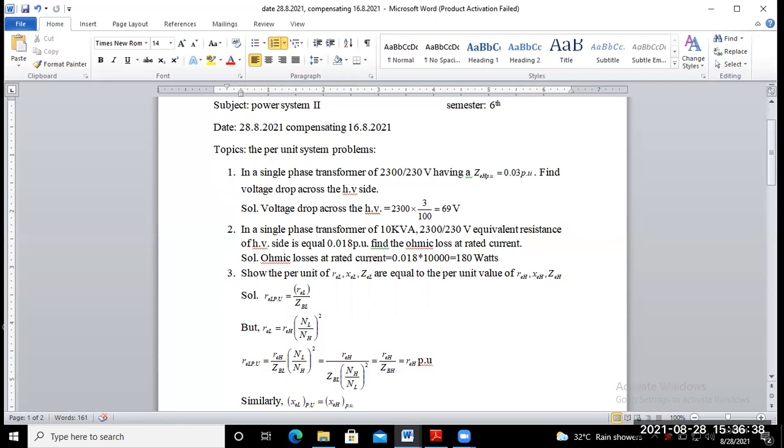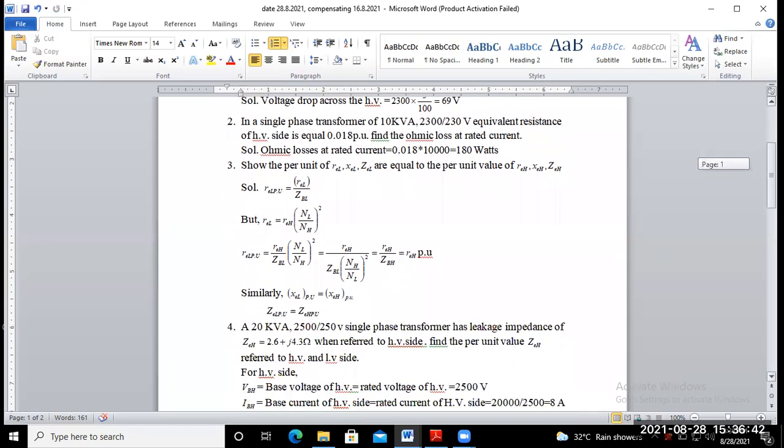So this REH, just try to write here the same, REH divided by ZBL into this NL. If you take it as the denominator of this part, we can write here NH by NL whole square.